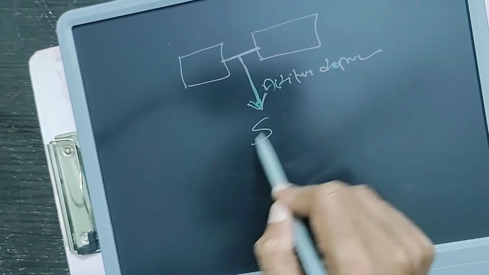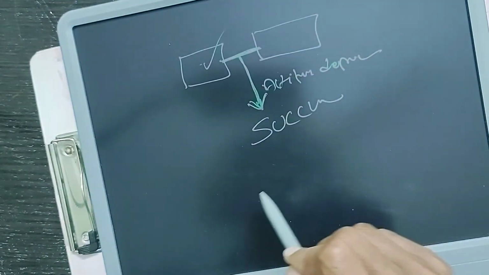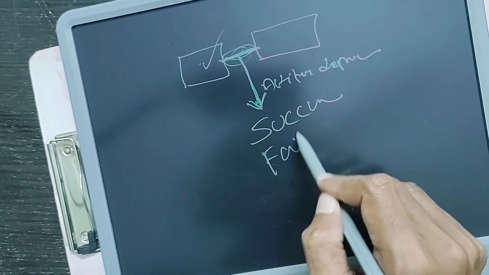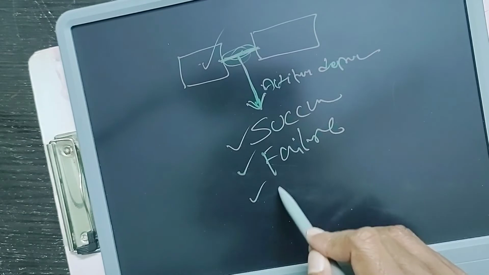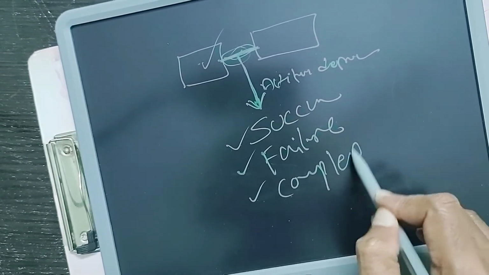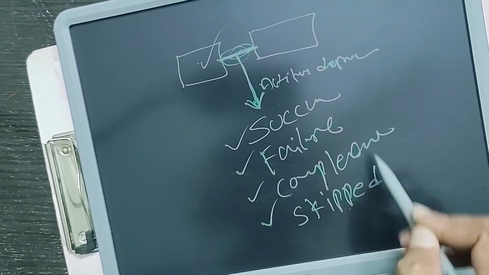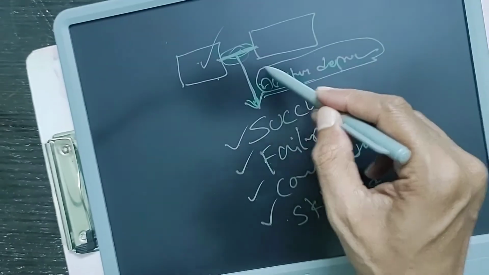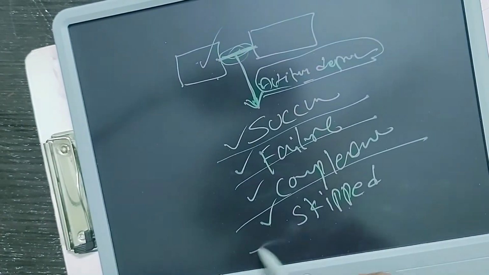These can be of the following types. It can be success, so after this succeeds it leads to the next one, or it can be failure, or completion, or skipped. So these are the activity dependencies available in the current ADF version: success, failure, completion, and skipped.